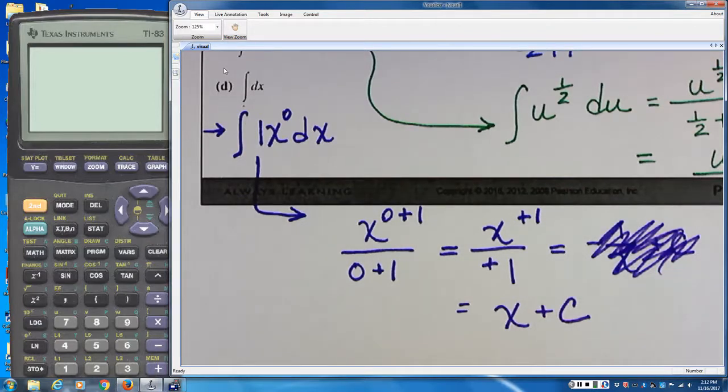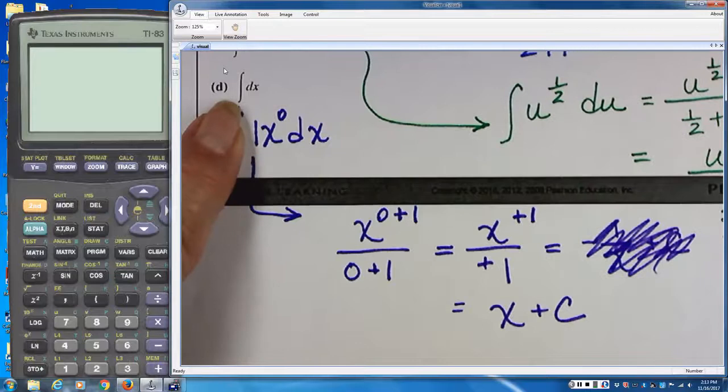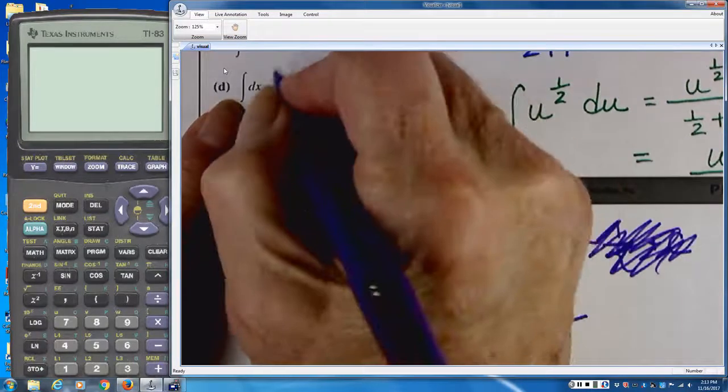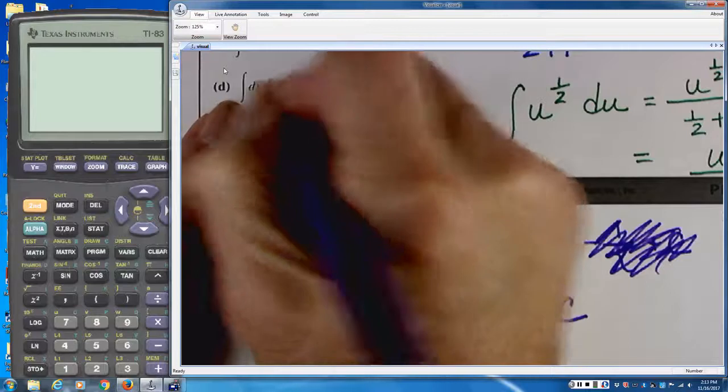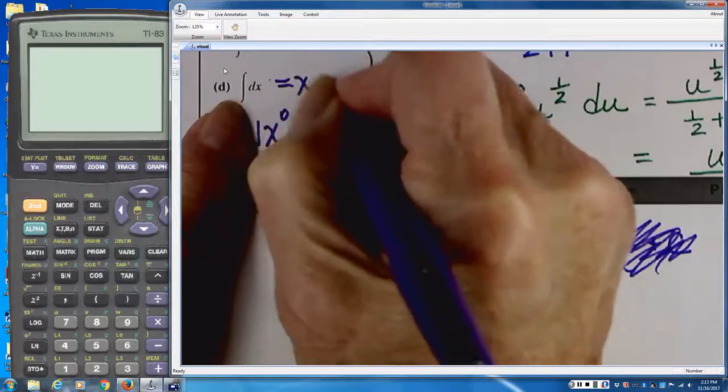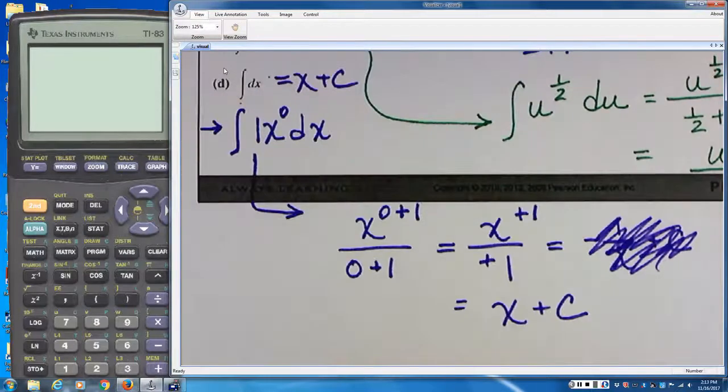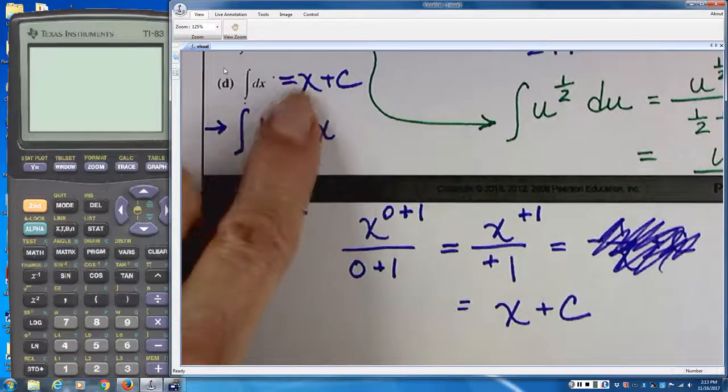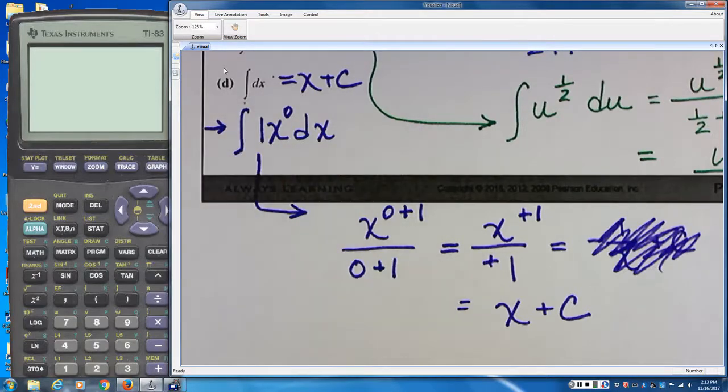Now, if you're ever going to memorize one, this will be the one that you'll start memorizing, because you don't want to have to go through this process every time. The integral dx, when there's nothing there, that's just x plus a constant. Okay? It's basically saying the derivative of x is 1. And in fact, that's how you check your answers.